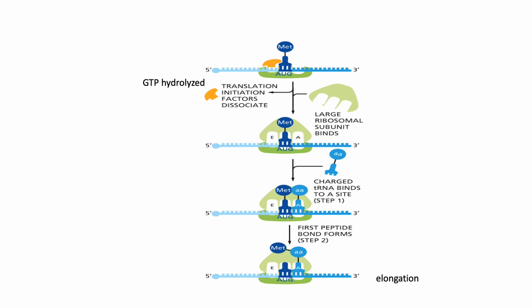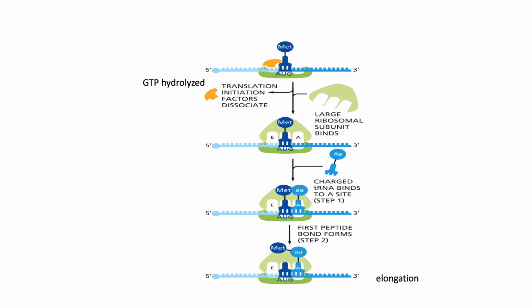What would happen next is you'd get translocation. The two amino acids linked together are now a peptidyl tRNA. They would move into the P site. The first one would be lost through the E site, and then you'd have a new amino acyl tRNA come in, and just then basically elongation continues. So that's the initiation step.